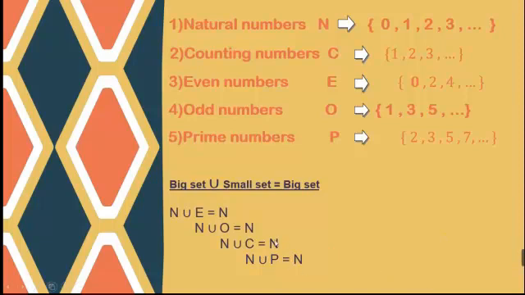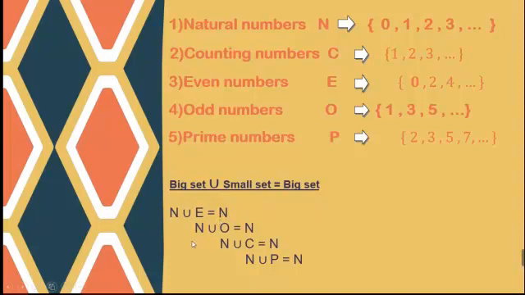Let's have some examples. If I ask you about the set of natural numbers union with the even numbers, all the even numbers are inside the natural. So the set of even numbers is the baby, and the set of natural numbers is the mother. So my answer in the union always will be the mother, or the big set.